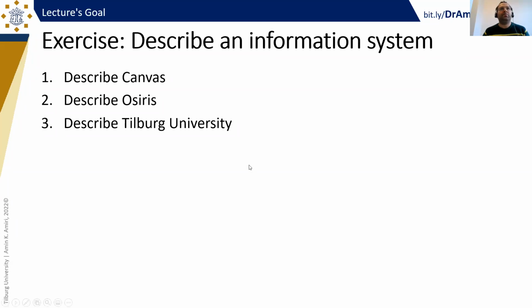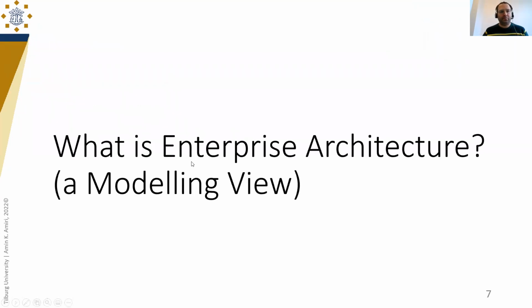So we want to know how we can describe Canvas, Osiris, and Tilburg University, so that we can create business applications for these universities, or create strategies for the university, or make any kind of changes.